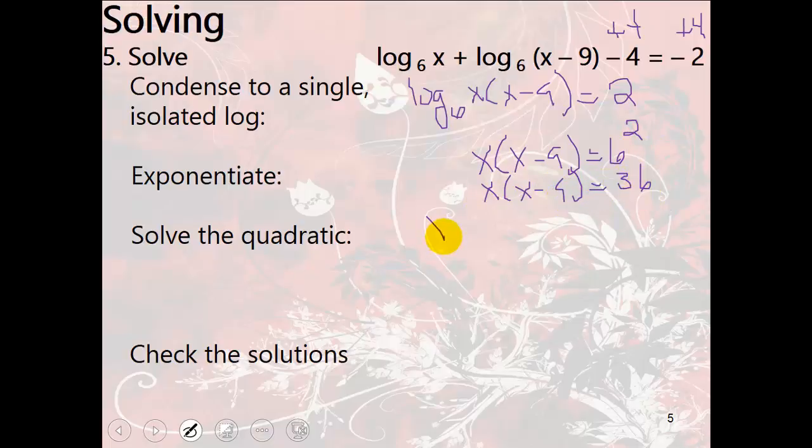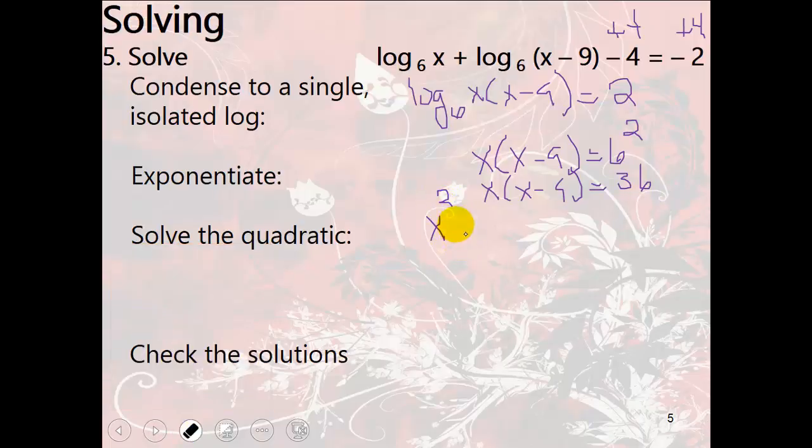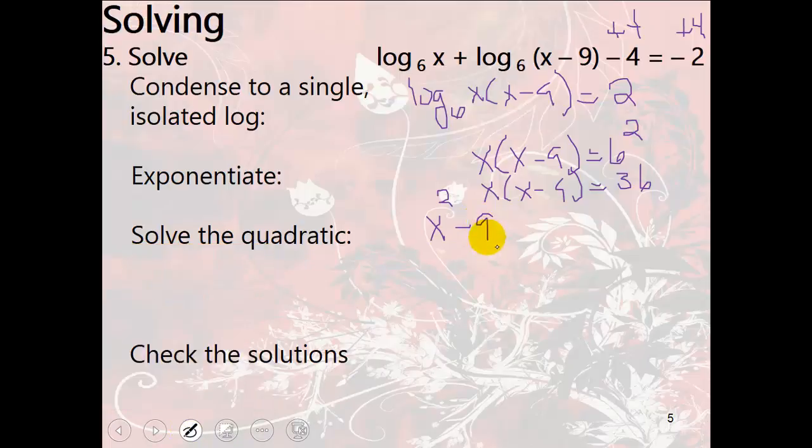So now I'm going to distribute. So I get x squared minus 9x minus 36 is equal to 0. Now I'm going to factor that to solve. If you'd rather use the quadratic formula, feel free.